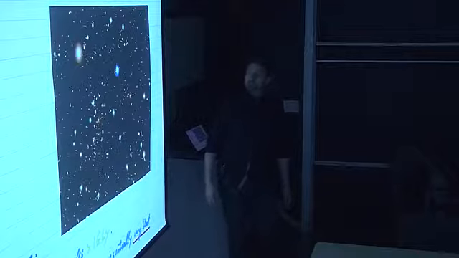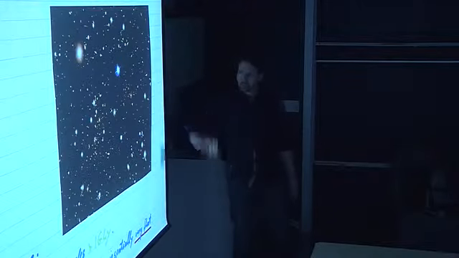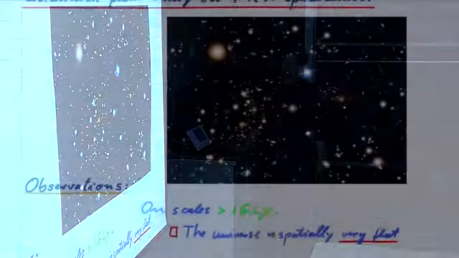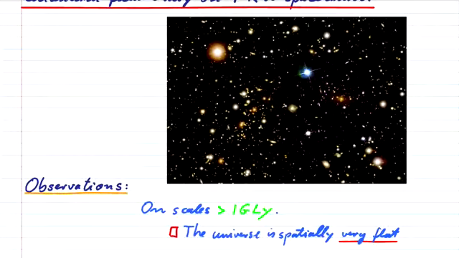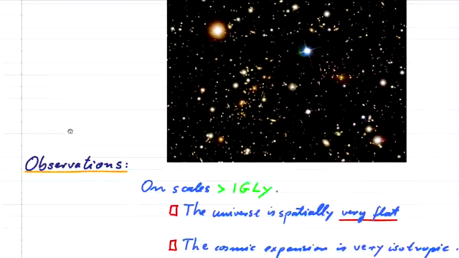For some reason, and we will discuss one of those possible reasons, the space-time is very flat at large scales. It's a prediction of cosmic inflation that we will cover in this course. But for now, let's just take it as an observation that it is spatially very flat on sufficiently large length scales.